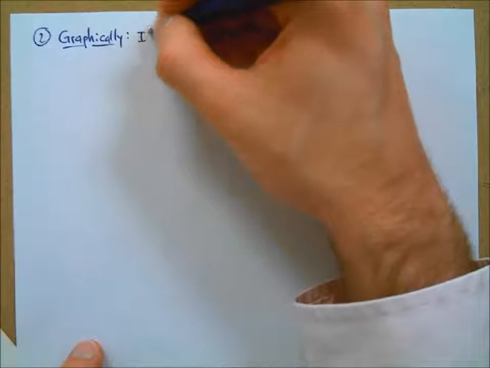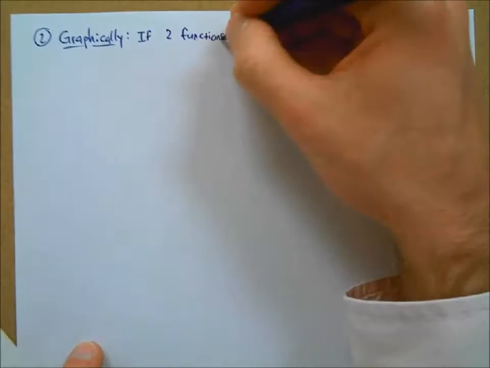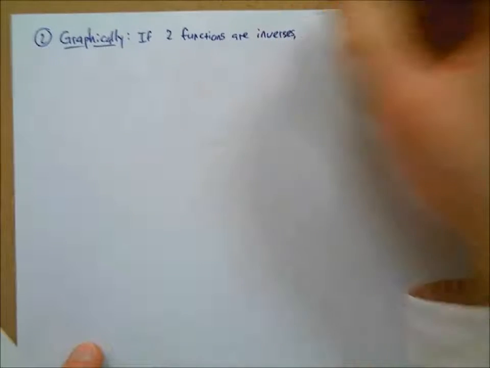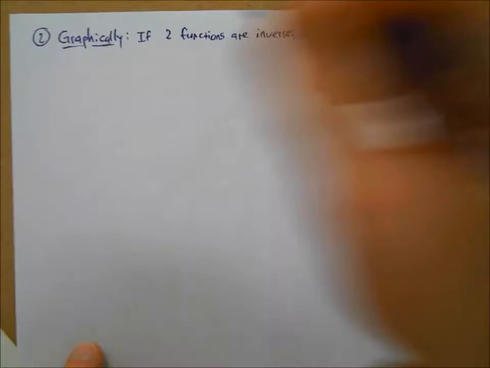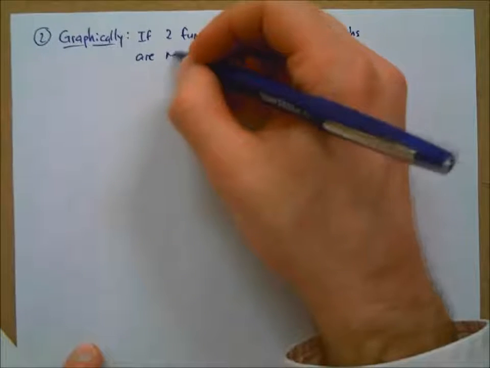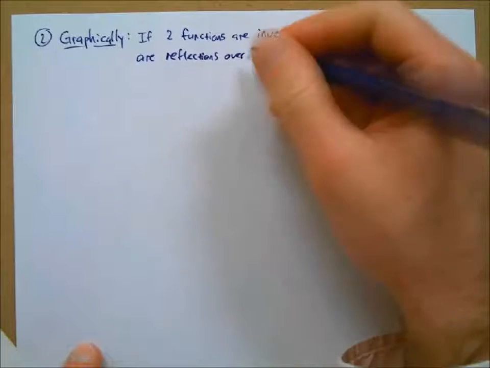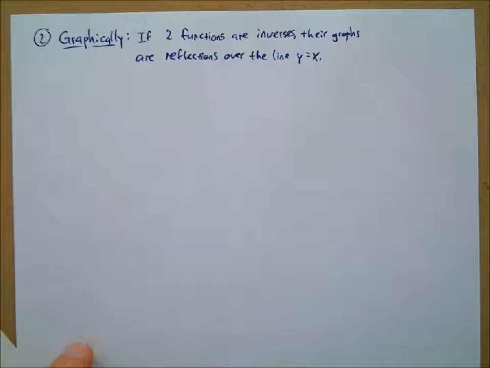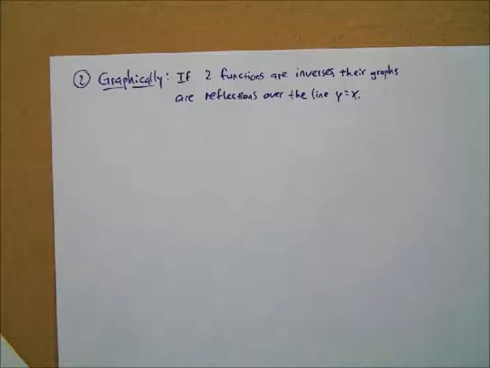If two functions are inverses, their graphs are reflections over the line y equals x.